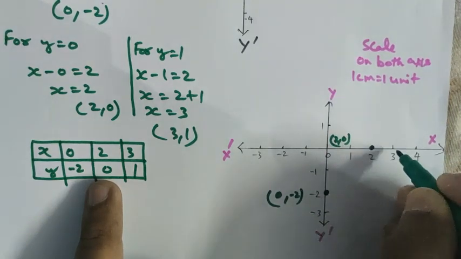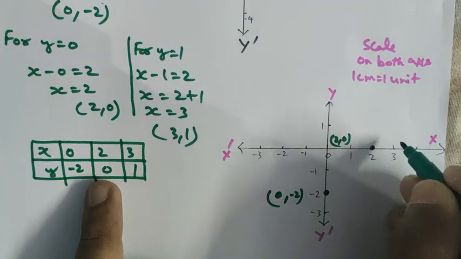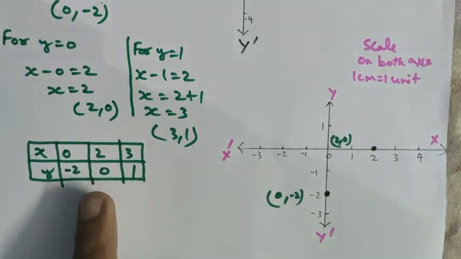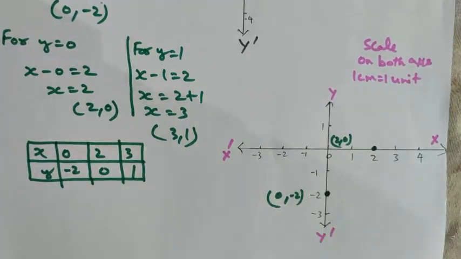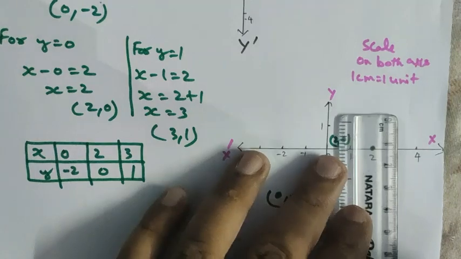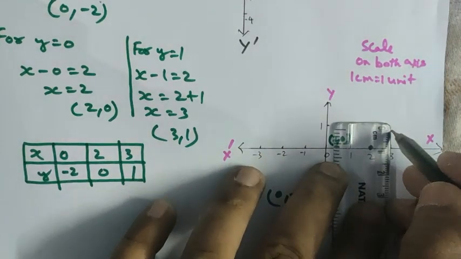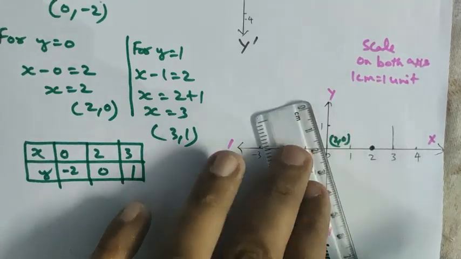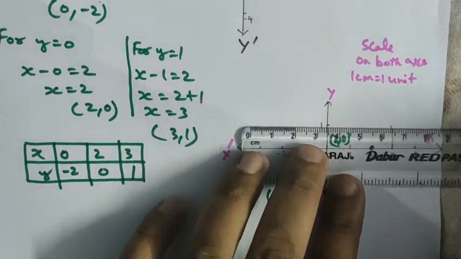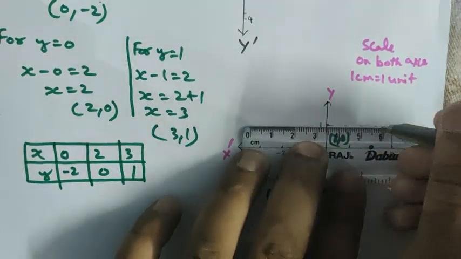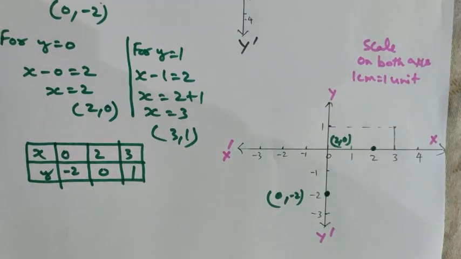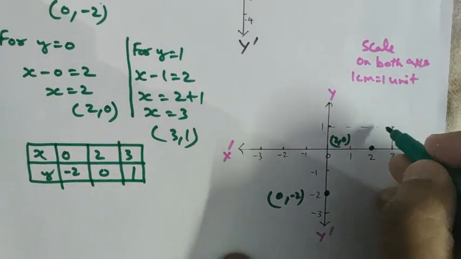Now the third coordinate is 3 comma 1. With the help of a ruler we can take help. So 3 comma 1 will be somewhere around here. You can see that it is lying over here. So this is the point, this is 3 comma 1.